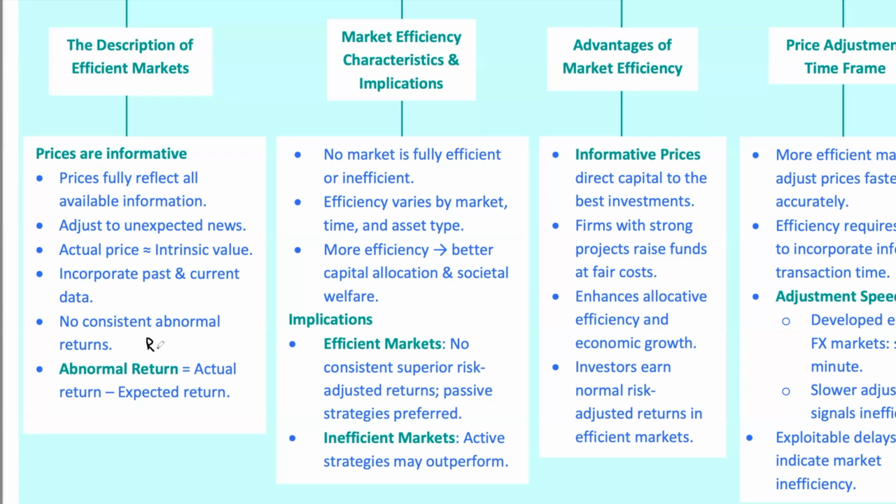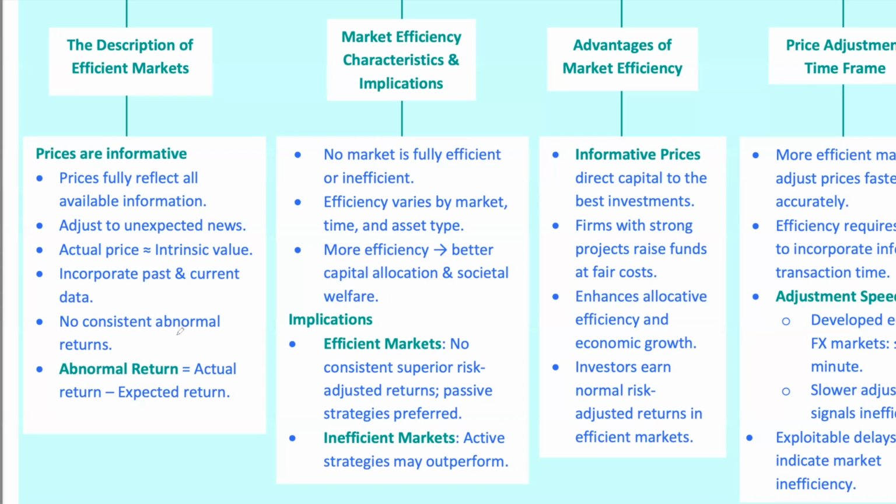I want to emphasize that risk-adjusted part. Sometimes people say, well, I made a killing in the market by going for riskier stocks. The idea here is that in an efficient market, any additional returns you're getting by piling on risk are essentially offset by the extra risk you're taking.